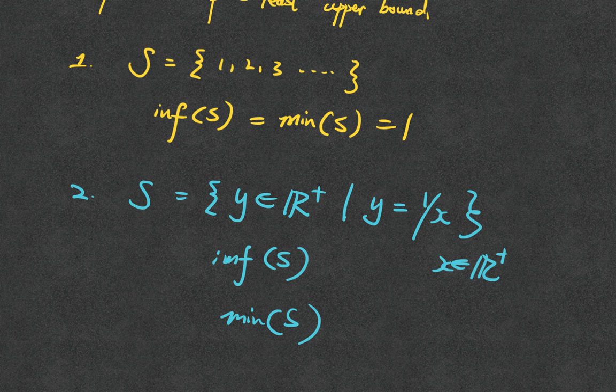It can always get smaller, right? But think about it, does it contain 0? It doesn't contain 0 because x is limited to be a positive real number, right? It's very close to 0, but 0 is not even in that set. You know the difference between the two?